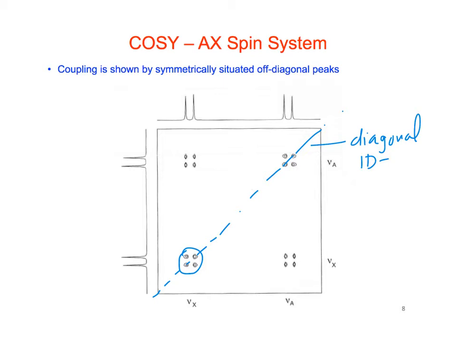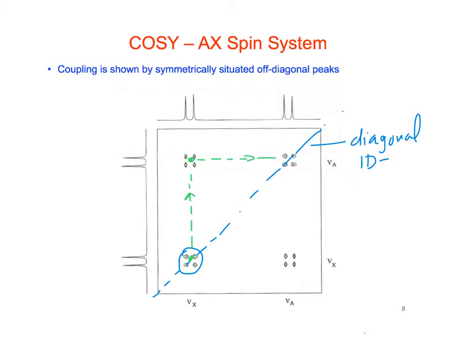Okay. So to look for coupling, we start with one signal and we go vertically until we run into one of these off-diagonal peaks, and then we go horizontally.